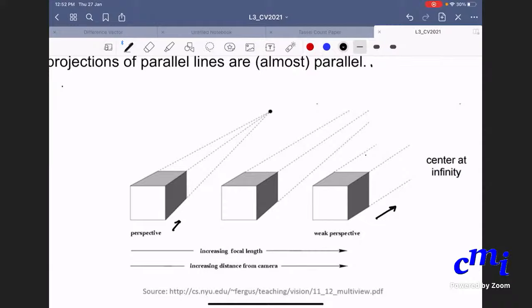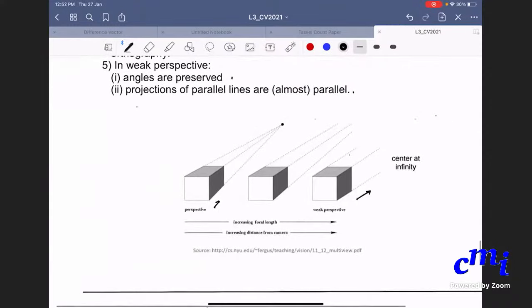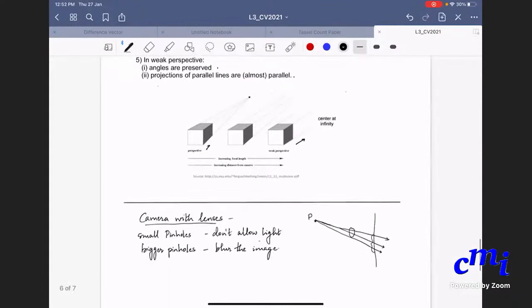Then the mathematical model can be made weaker and be thought of as a weak perspective, or simply this projection or orthography. That is what the whole business I was talking about is.